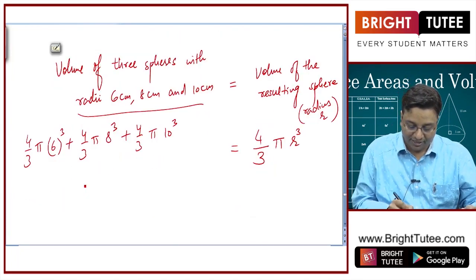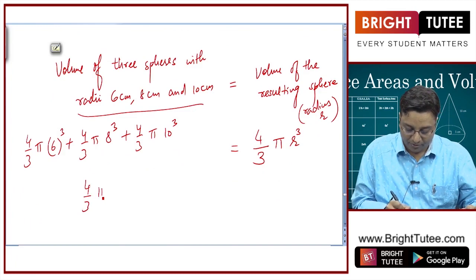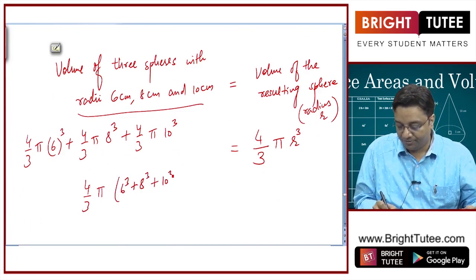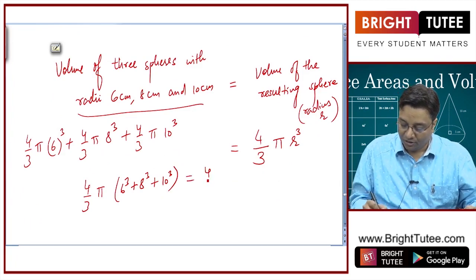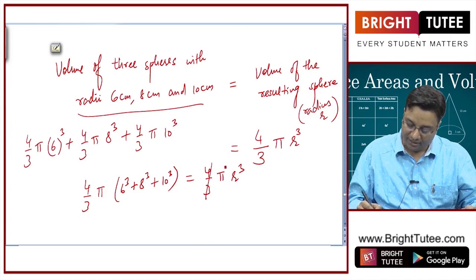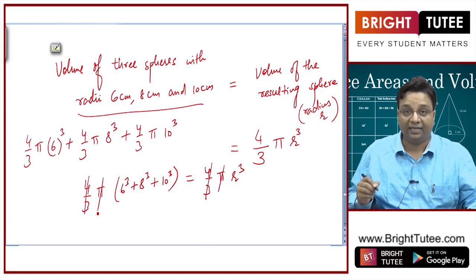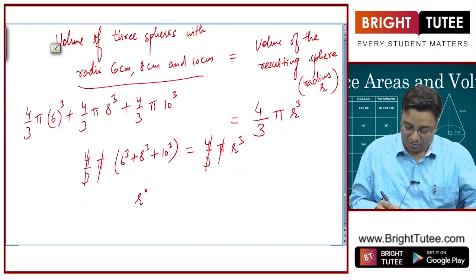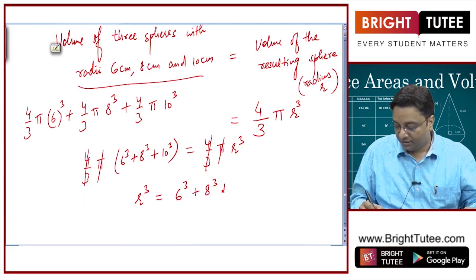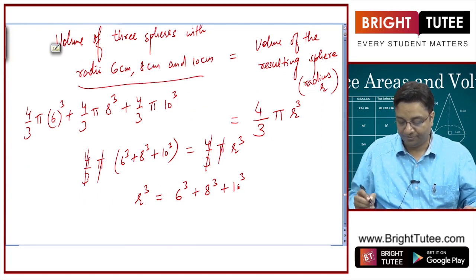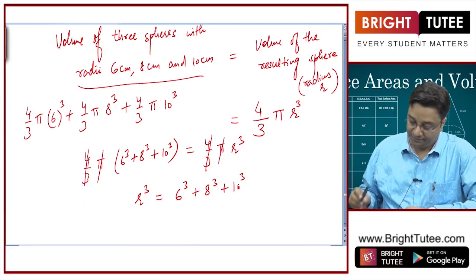So you can see I can take 4 by 3 pi common. So 6 cube plus 8 cube plus 10 cube is equal to 4 by 3 pi r cube. So 4 by 3 and pi can be cancelled. So r cube is equal to 6 cube plus 8 cube plus 10 cubed, right?